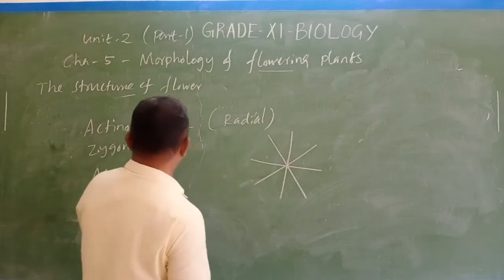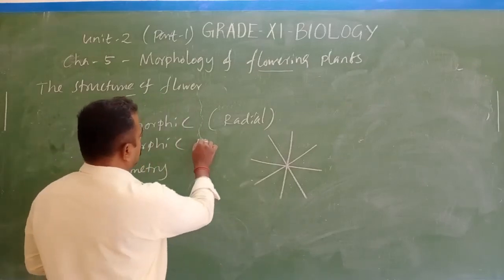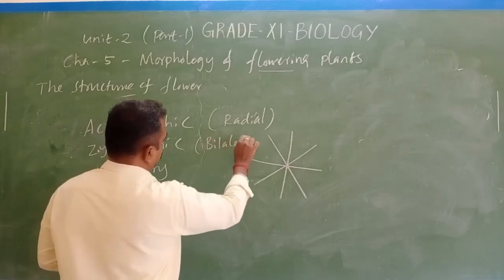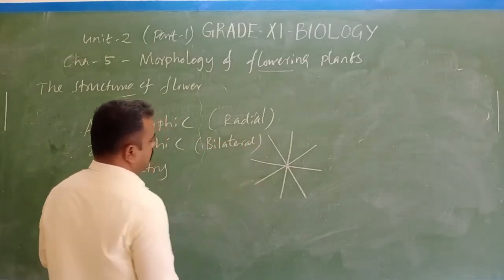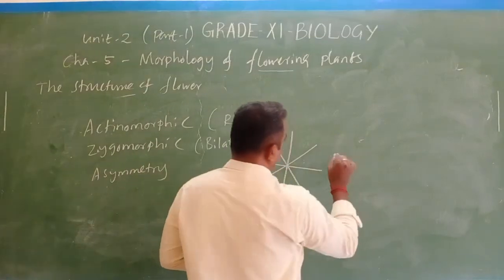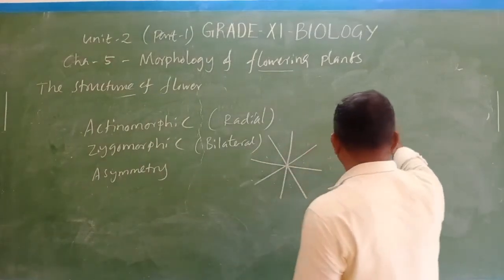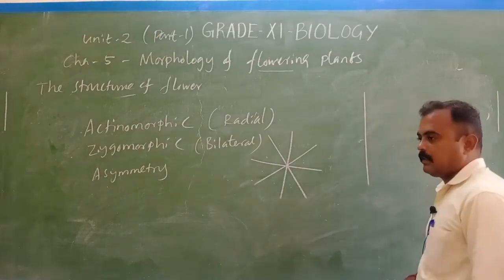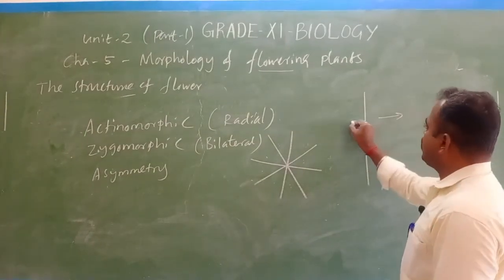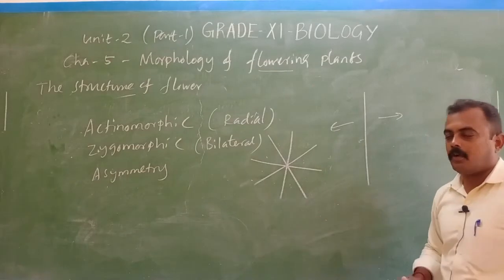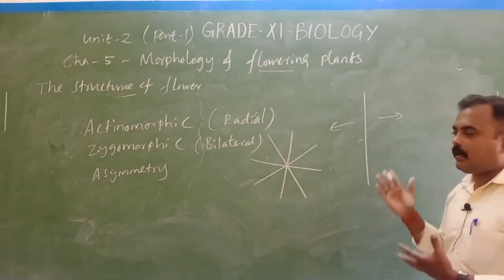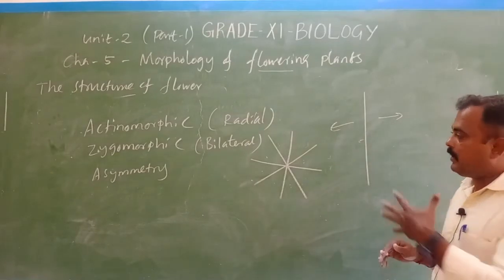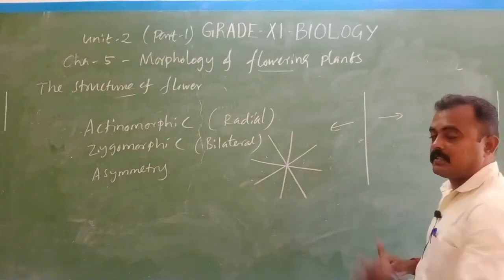But zygomorphic is bilateral symmetry. Bilateral symmetry means if you take only one plane and cut it, the left side and right side are divided into equal halves. More than one plane we cannot use here, but in radial symmetry we can use many planes.